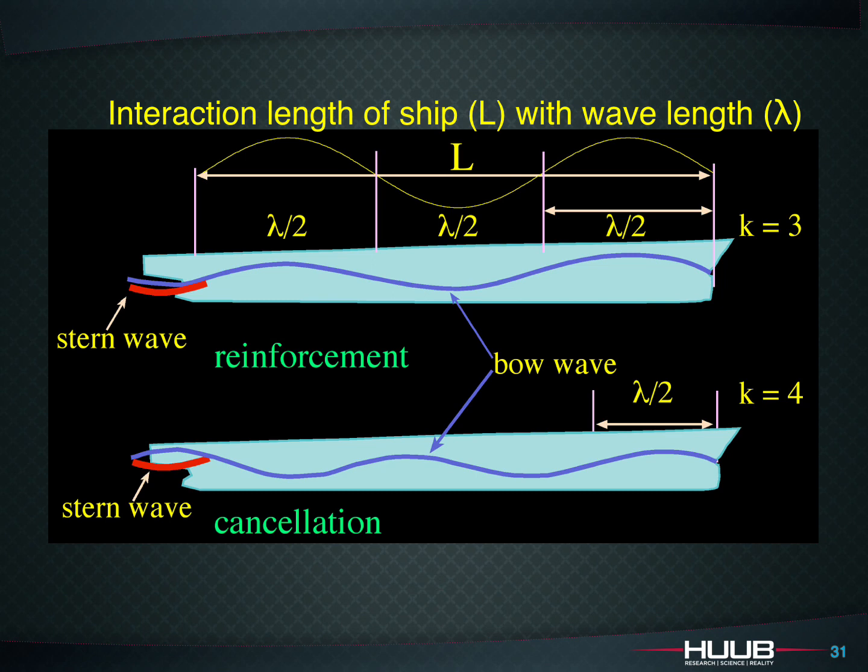So what you see is that at different speeds, the ship will exhibit different forces due to reinforcement or cancellation of the bow wave with the stern wave.